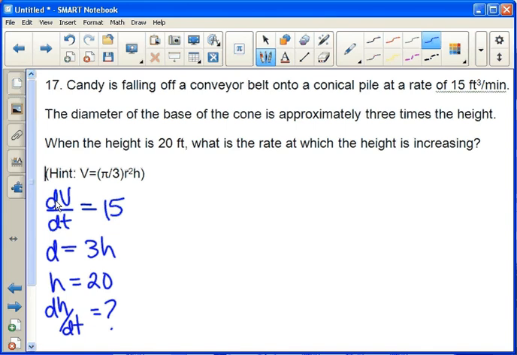Now that's going to require the product rule, so I will quickly do that over here. f equals pi over 3 r squared, g equals h.